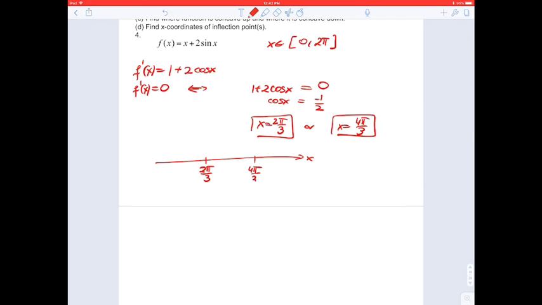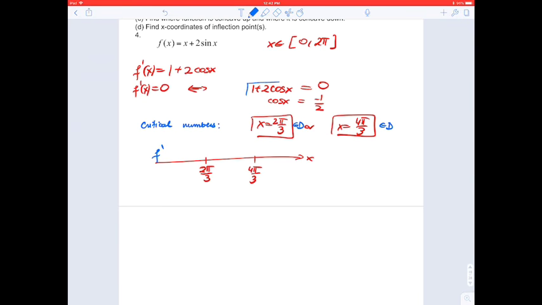Both of them are in the domain. That means they are good, they are critical numbers.